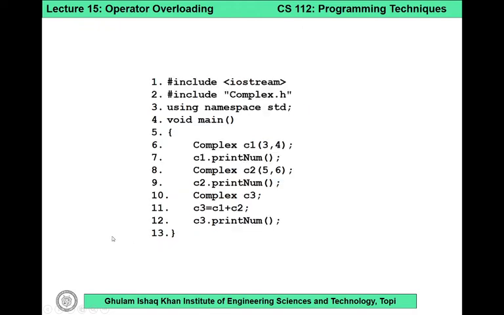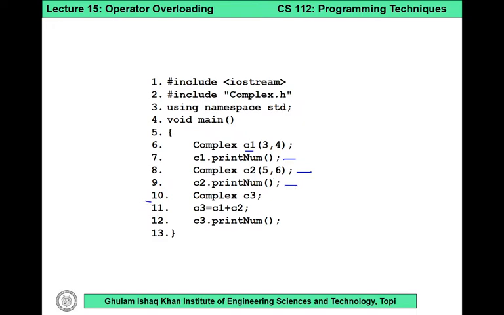Now in the main program, if you see here, we have created the instance of the complex class C1, and then we display the value of C1, and then at line number 8 another instance of the class is created, C2, and it is being displayed here.